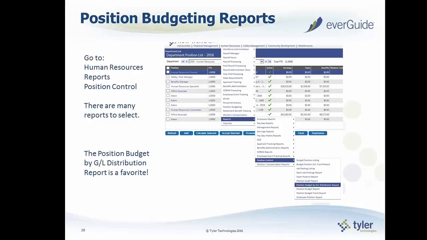One of the favorites is the Position Budget by GL distribution, and that's the same report I showed you earlier, where it shows the position number and what amounts are going to be hitting which GL. This is a great one to show to directors and council. It seems to be what they're looking for.